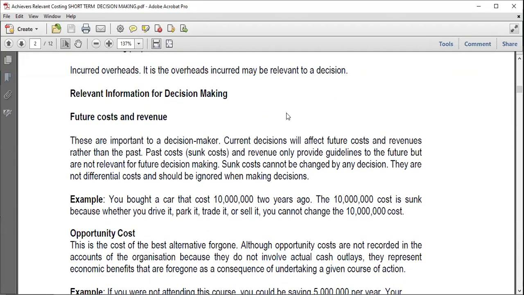Okay. So we now get to relevant information for decision making. Now, one of the things that you have to understand, especially with this topic, is that the examiner will bring you a question and will give you a scenario.